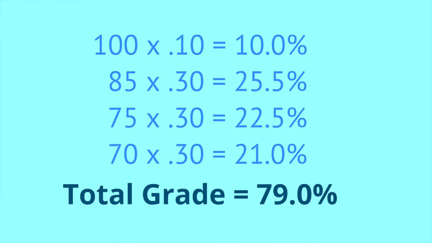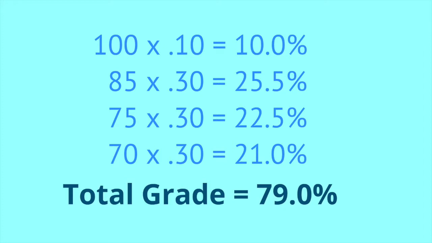Well, when it comes time to calculate your final grade, we need to remember a couple of things. First, let's put down each percentage that you got. Then we're going to times that by how much it's worth in your final grade.